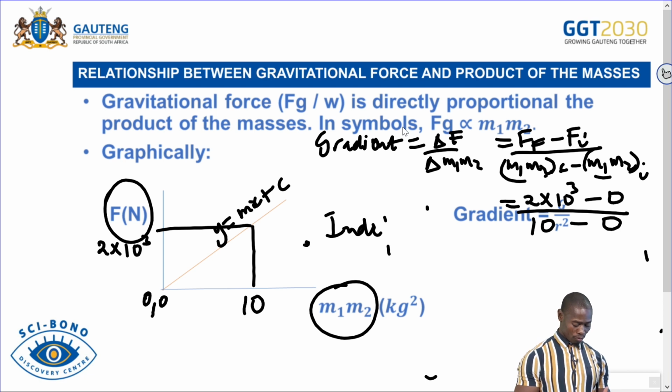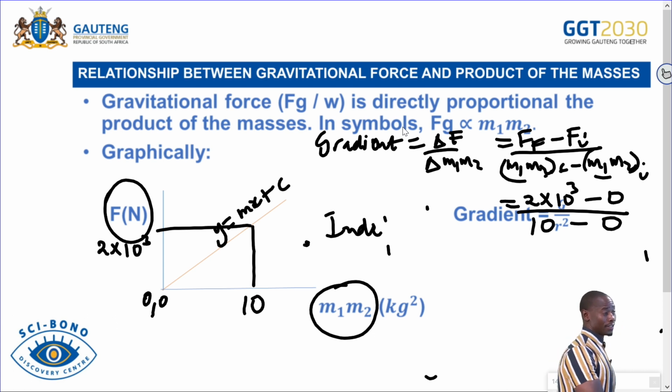So it's 2 times 10 to the power 3, divided by 10. So here I'm having 2000, which you divide by 10.